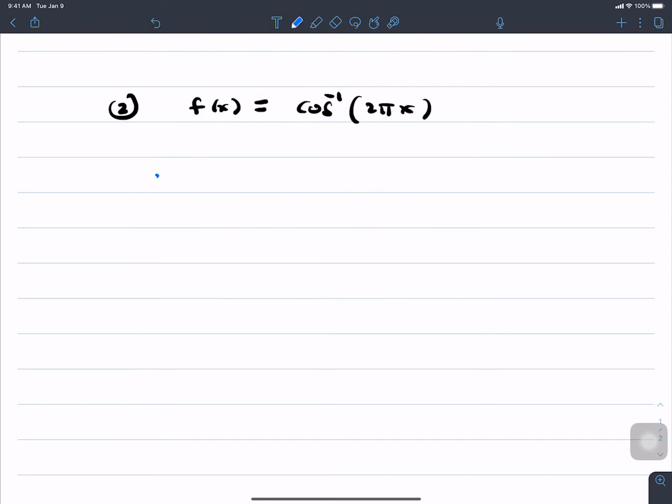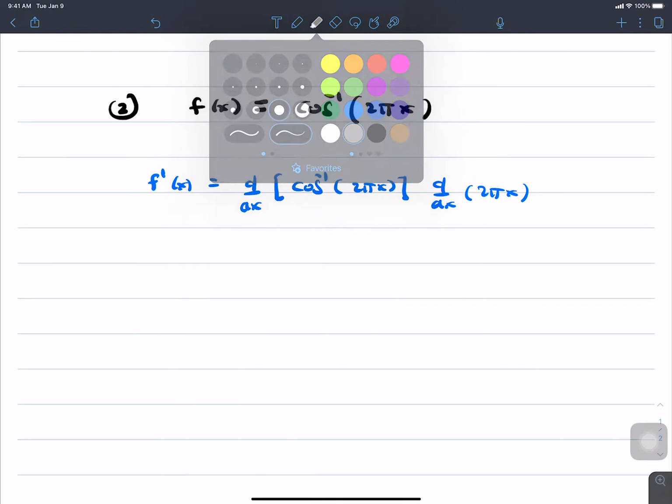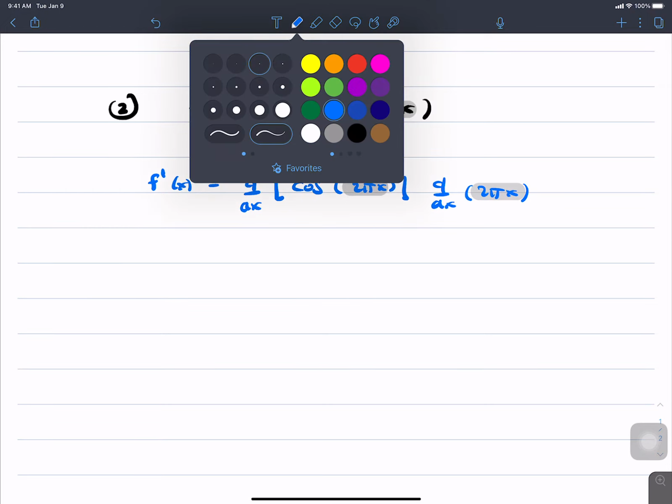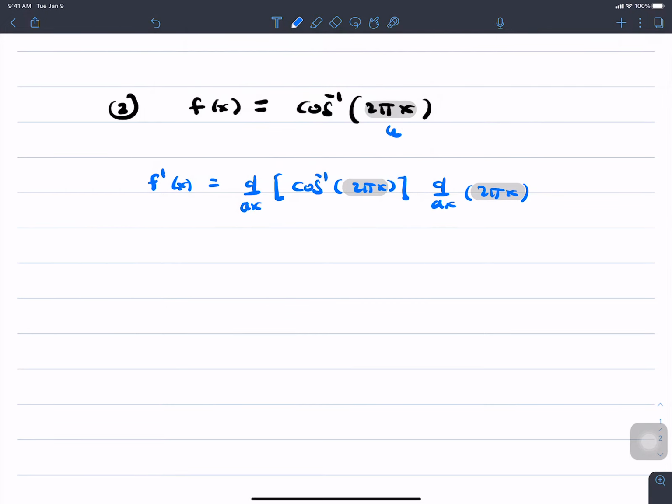The derivative formula here, the chain rule version, in terms of operator notation, we say we're going to take the derivative of the inverse cosine 2 pi x times the derivative of that inside function. Remember, this is composition of functions here. So this is that u they're talking about here. And it's placed here too. So here's the u.